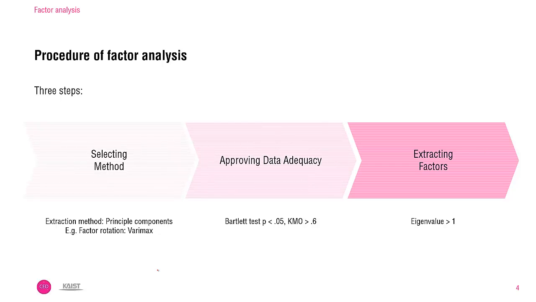The second step is to check whether your data are adequate for the selected analysis. We need to consider the strength of the intercorrelations among the items, so among the variables. It is recommended to inspect the correlation matrix for evidence of coefficients.